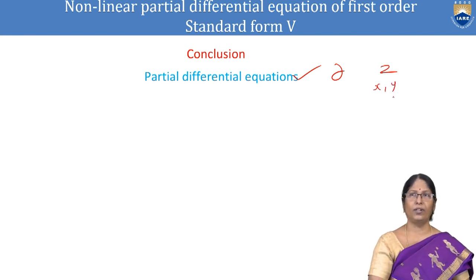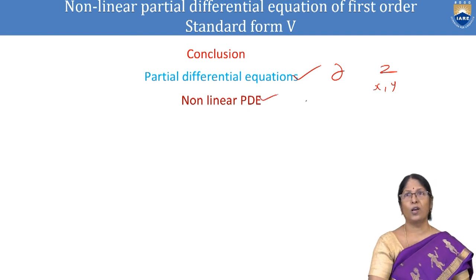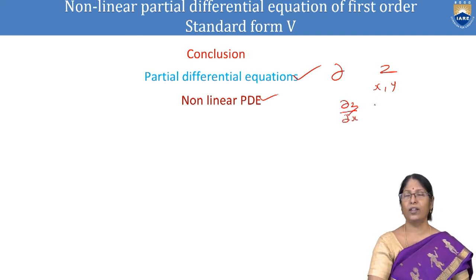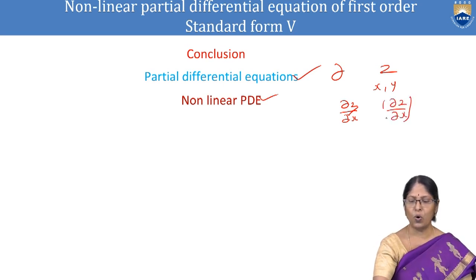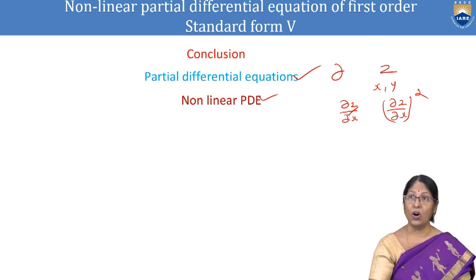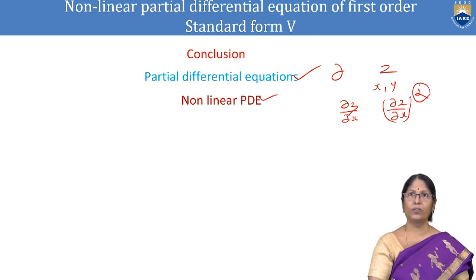In detail we discussed. And what is a non-linear partial differential equation? That is dou z by dou x. This is a first order linear equation, but dou z by dou x the whole square is first order but non-linear because the degree is 2.